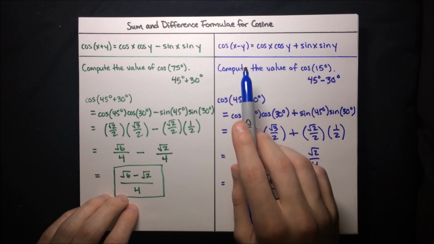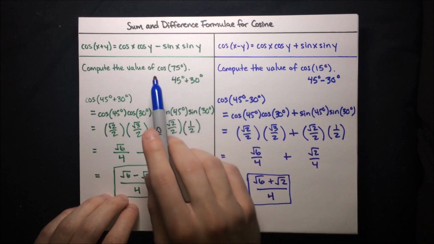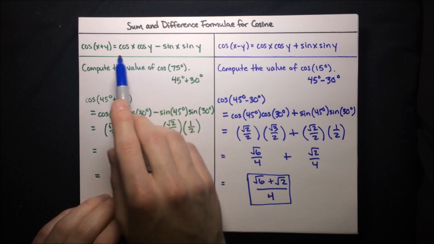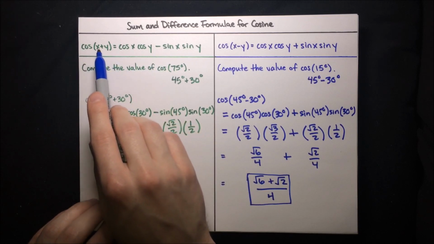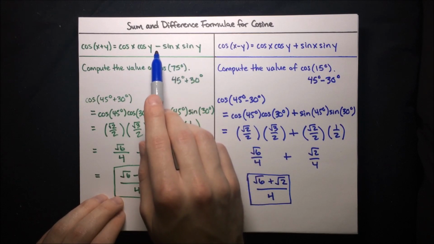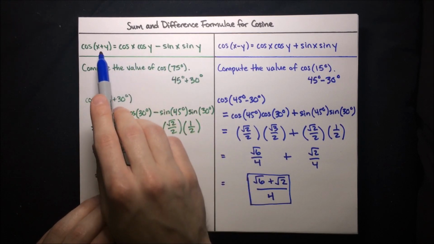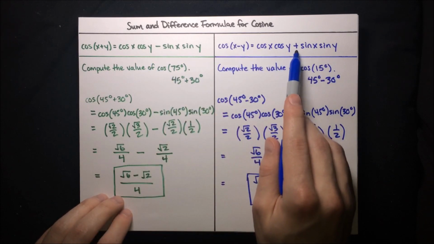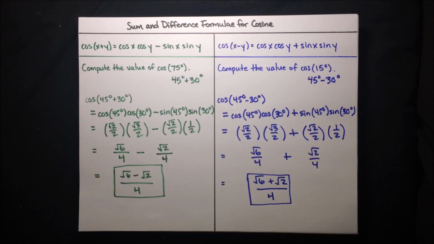So it's really cosine cosine and sine sine, and then the operation between them is a little counterintuitive. You might think that cosine of x plus y should have a plus between the cosine cosine and the sine sine terms, but no, it's actually a minus. So just remember, the cosine changes the sign. The cosine is counterintuitive.